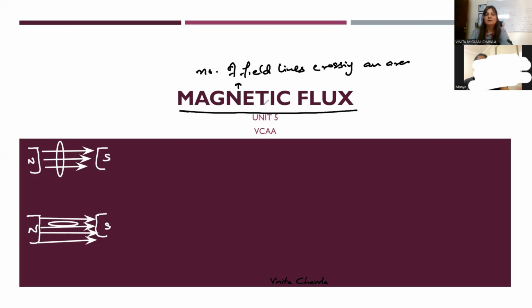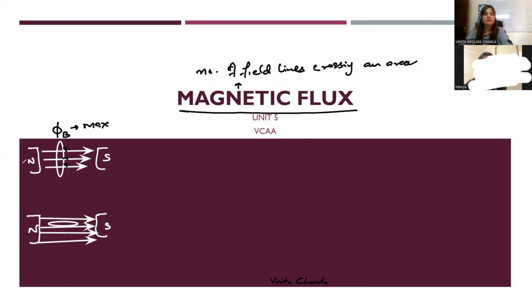So in the first case, the maximum number of field lines are crossing the coil. But in the second case, we have seen that no field line is crossing the coil. So magnetic flux linked with the coil is maximum in the case where the coil is placed perpendicular to the field lines. You can see it is placed perpendicular. It is making an angle of 90 degrees with this. The coil is making an angle of 90 degrees with the field lines, no? It is placed like this and field lines are going like this.